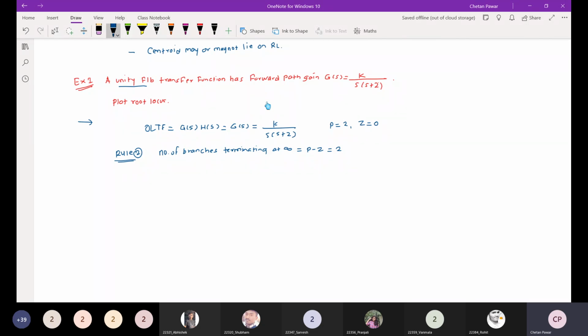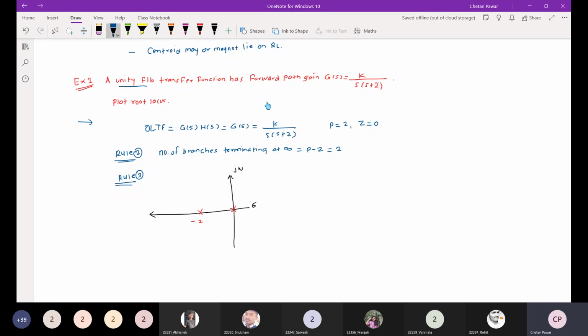Then rule 3, we find the real axis root locus branches. There are two poles, one at the origin and one at -2, and between them a root locus branch exists because it follows rule 3.